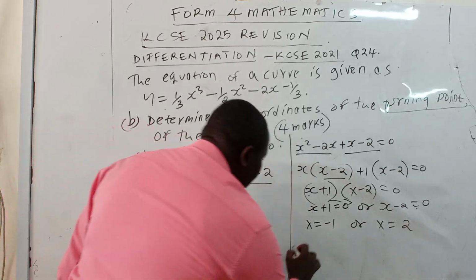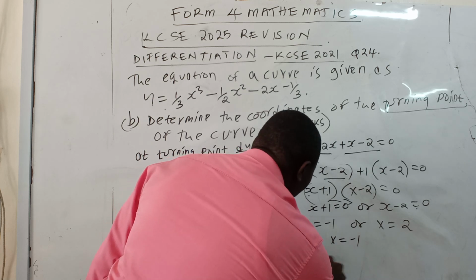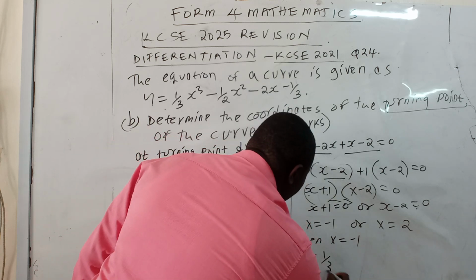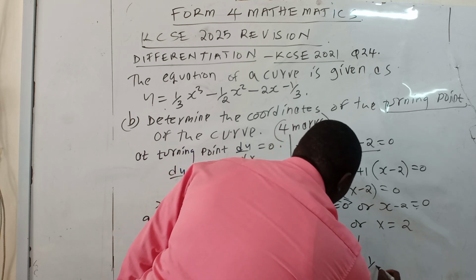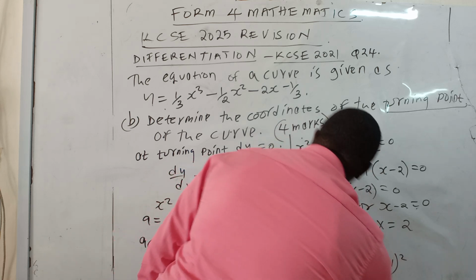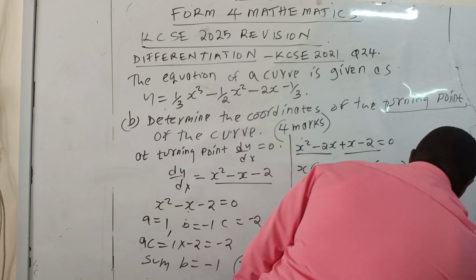Find y. So when x is equal to negative 1, your value of y will be equal to a third x cubed, negative 1 cubed, minus a half into bracket negative 1 squared, minus 2 into bracket negative 1, minus a third.